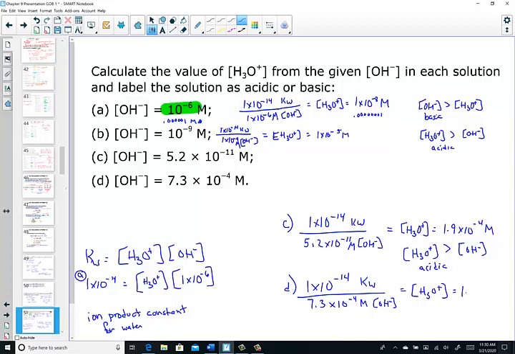Here I'm reading 1.36 times 10 to the negative 11th power for the concentration of hydronium. Well, this time the base ion was in a greater concentration than the acid ion, meaning the solution came out basic.